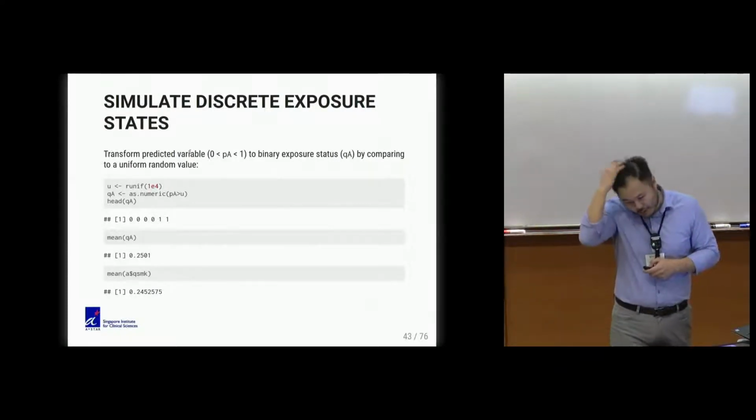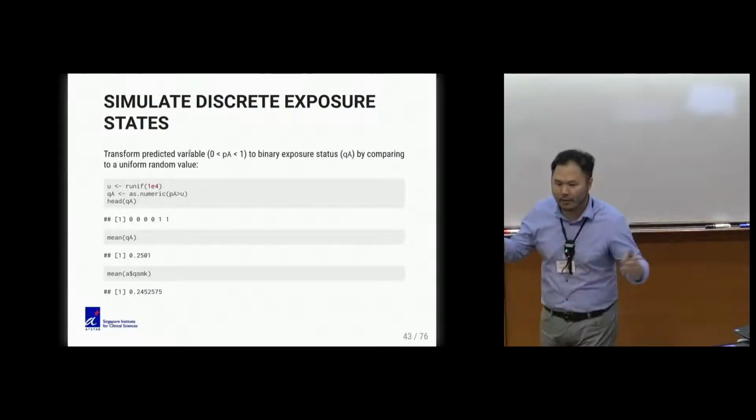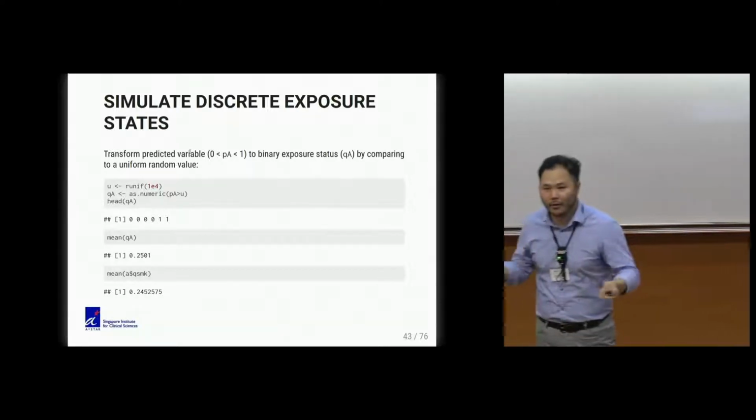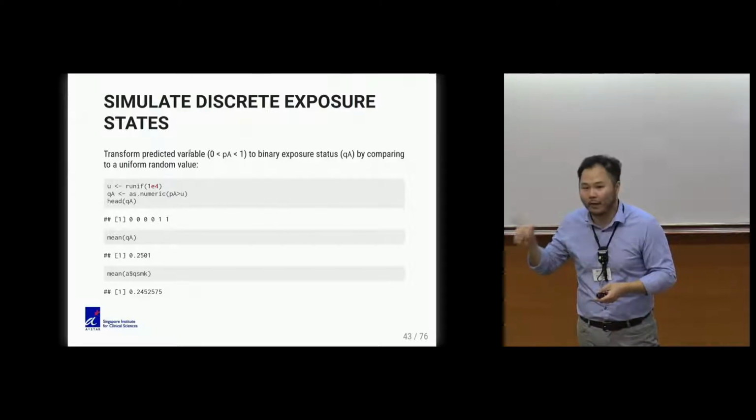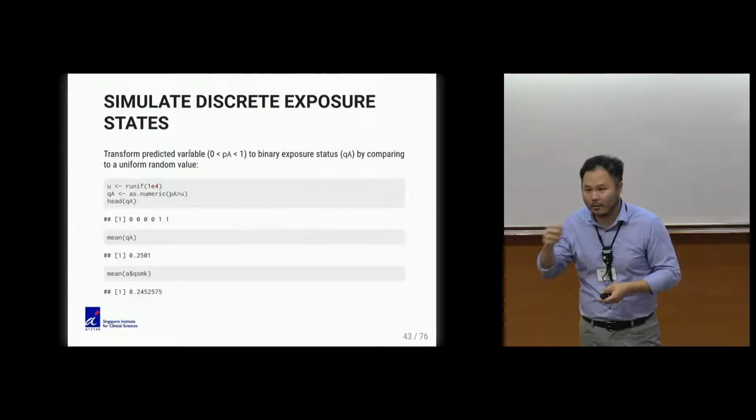In order to run the simulation, the prediction model gives you, for each person, a value between 0 and 1. It doesn't actually give them a value of whether or not they were exposed. The values are not 0 or 1.